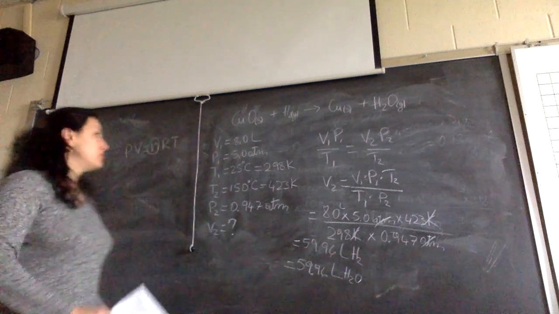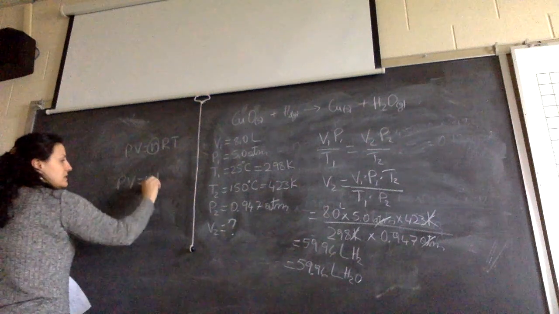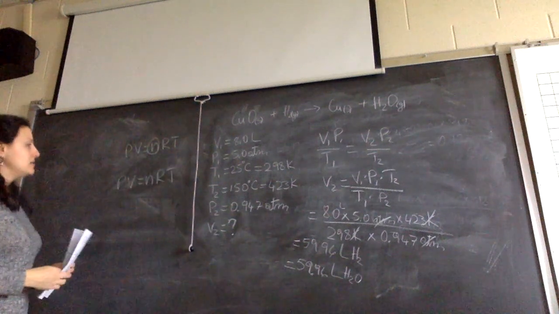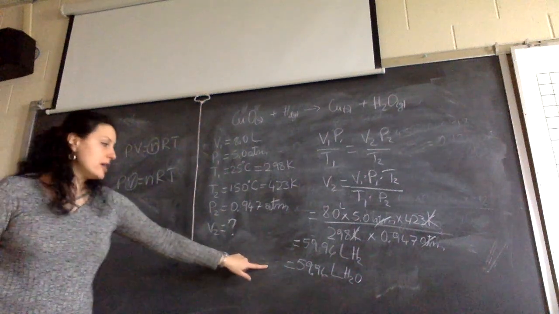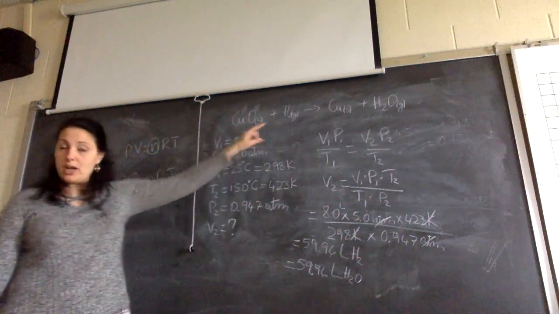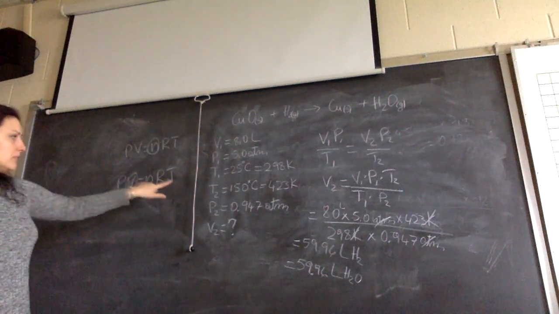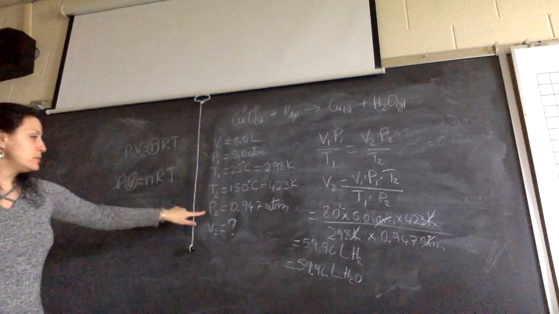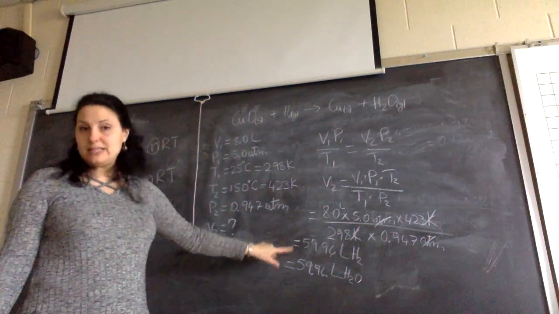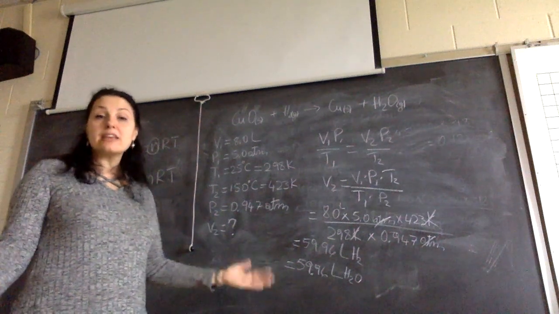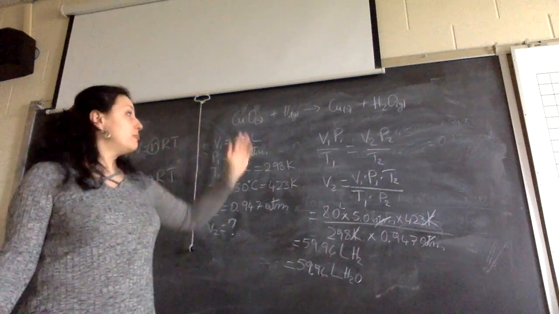Then take that number and use PV equals nRT once again, with T2 and P2, and solve for volume, and you will find they have the exact same volume, because everything else is the same. The pressure is the same, the temperature is the same, and the number of moles of both are the same because they have a 1-to-1 ratio.